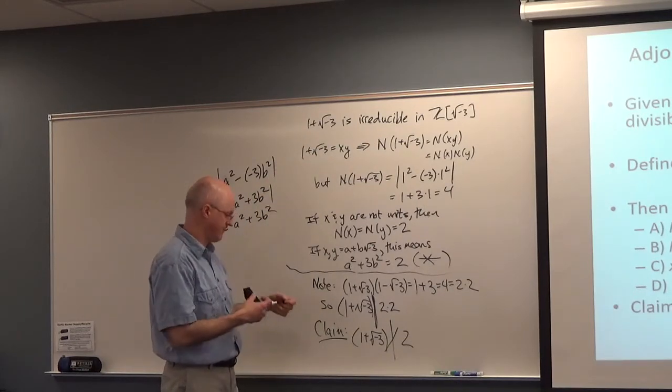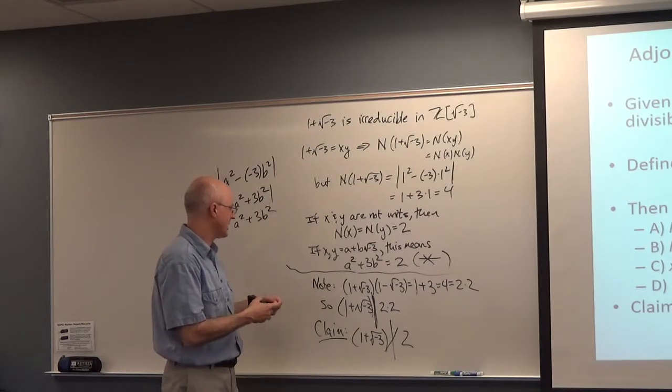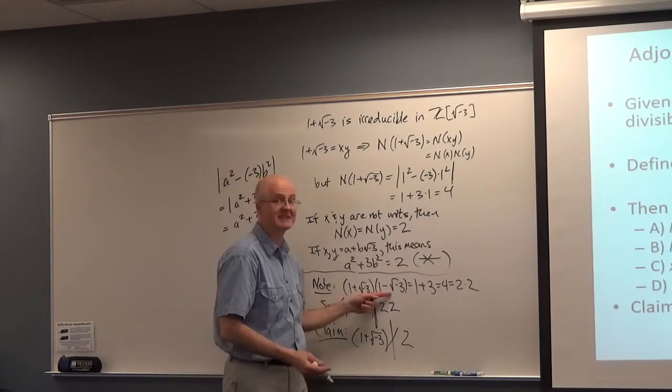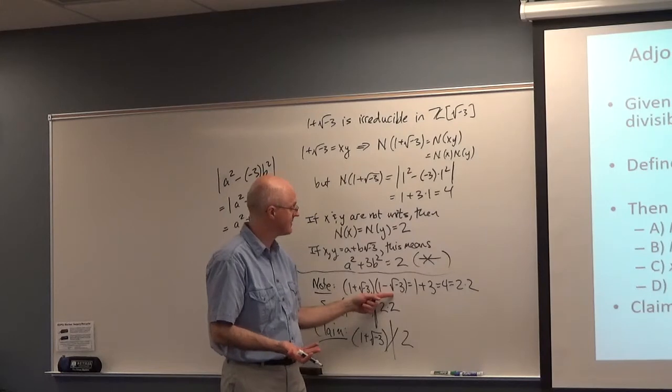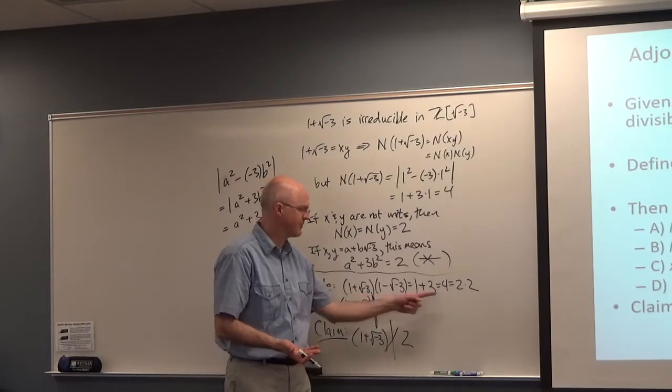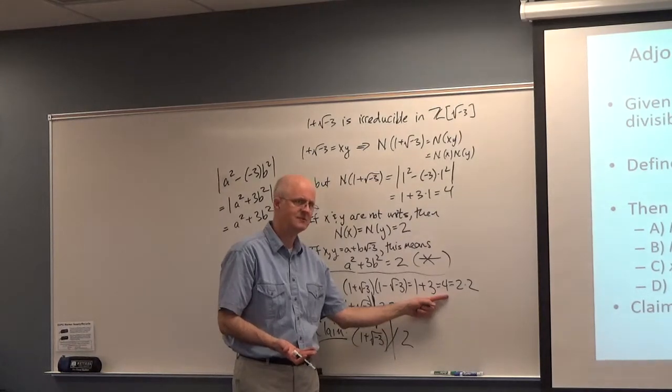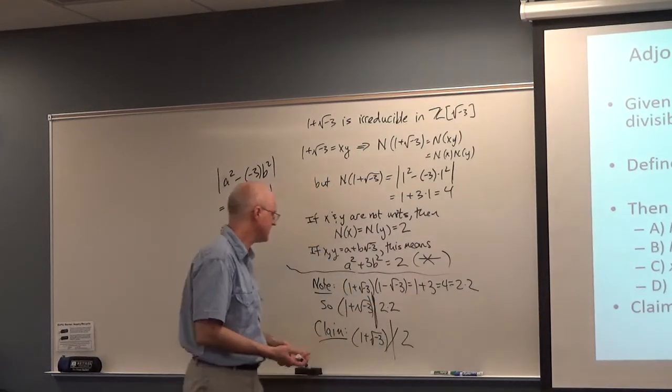Why is it not prime? Well, the first thing is a little trick, just to note that if you multiply this thing times its complex conjugate, you get 4. Check that. You can see that it simplifies to 4, which is 2 times 2.